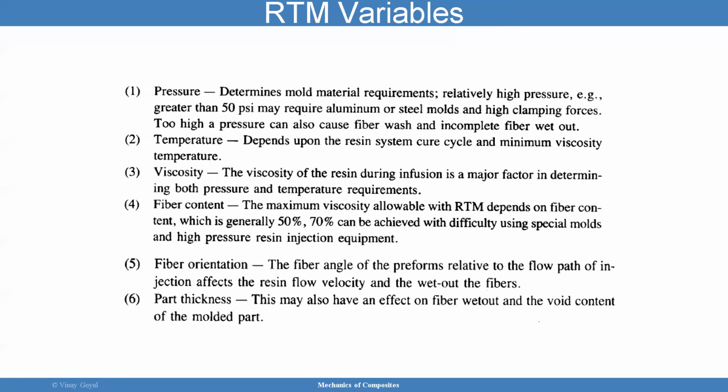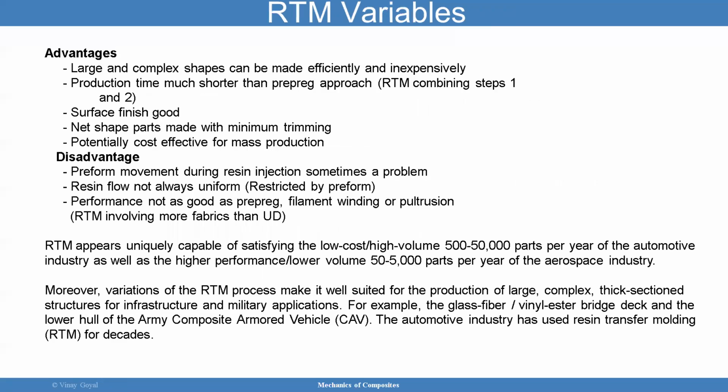Fiber orientation: the fiber angle in the preform relative to the flow path of the injection affects the resin flow velocity and the wash-out of the fibers. And finally, part thickness may have a bigger effect on fiber wash-out and void content of the molded part. So again, pressure helps with some of this.